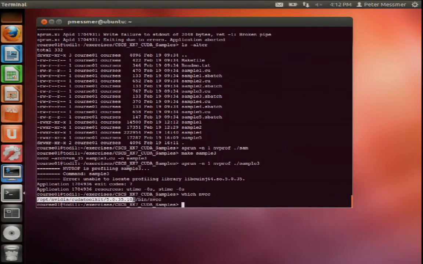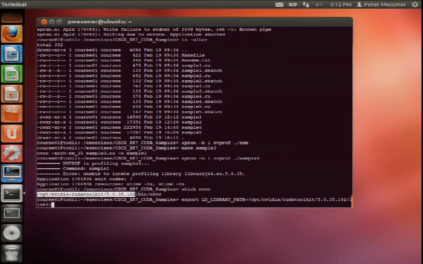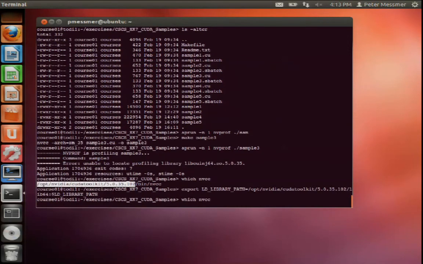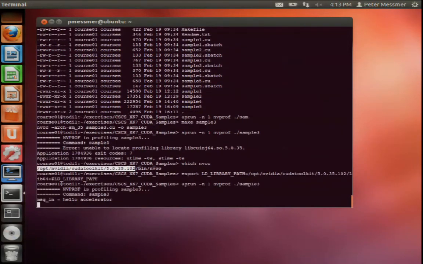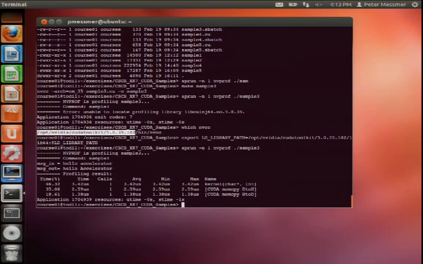And so we need this path, LD_LIBRARY_PATH is this one, lib64 and LD_LIBRARY_PATH.